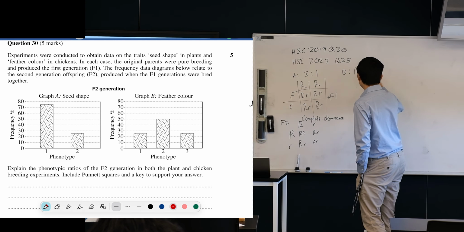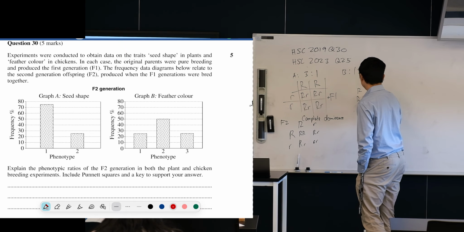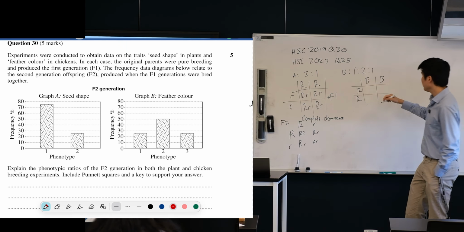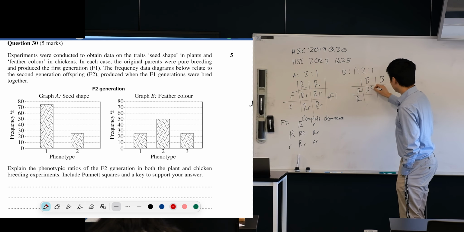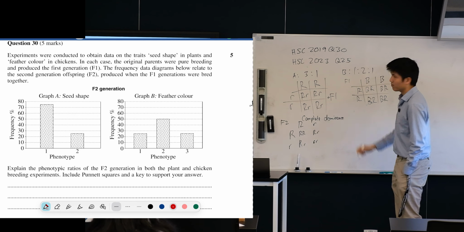I'm going to assume that one parent is blue and the other parent is red. I cross these two pure breedings together, and that gets me a heterozygous set of combinations. And this is my F1.